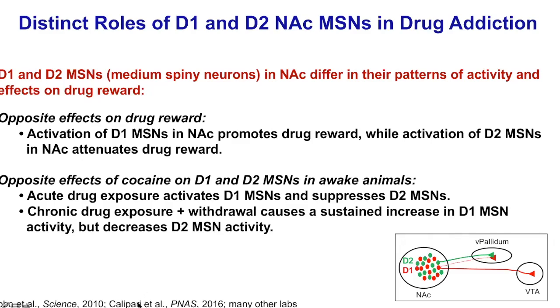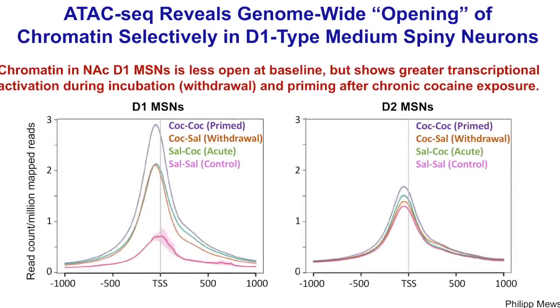A few years later, Aaron Calipari, using fiber photometry, showed that acute and chronic cocaine, with many more complications, I'm grossly oversimplifying the data, activates D1 cells, but suppresses the activity of D2 cells. And I want to emphasize that these are just data from my lab. Many other labs have come up with similar research findings over the years, driving the importance of doing the type of sequencing studies on selected cell populations.